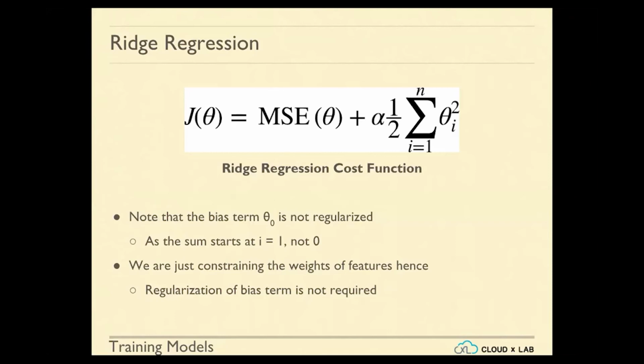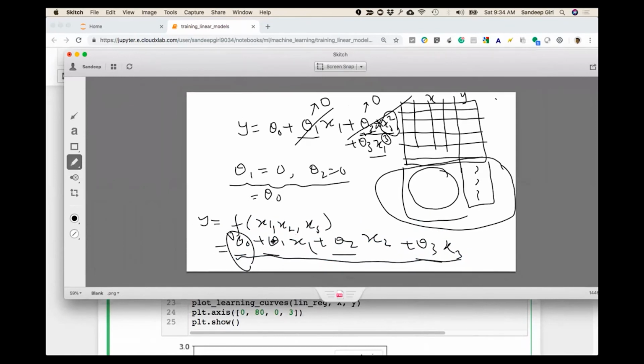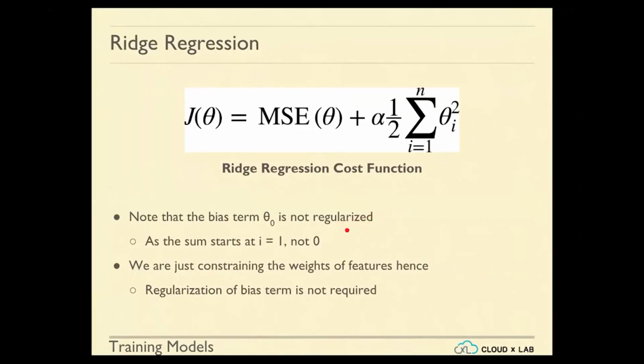Hence, regularization of the bias term is not required, because the bias term is not being multiplied with any of x1, x2, x3. You see, this one is not being multiplied with any. This is theta 1, not v. Handwriting is a little bad. And this theta naught is the bias term, and that's not regularized.